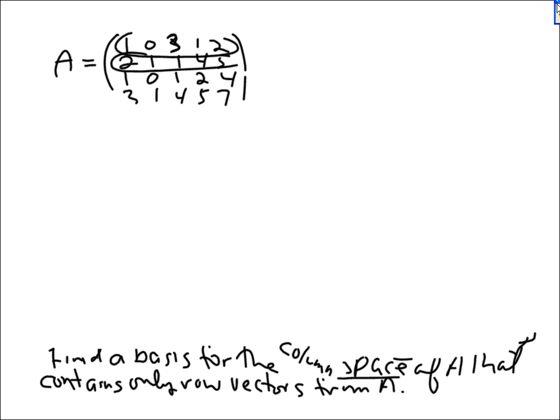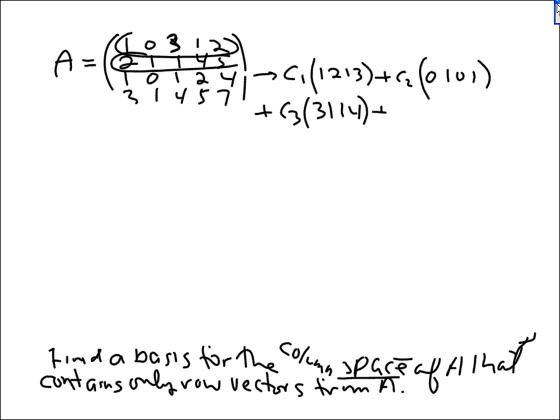Well, I want to remove the dependent columns. So basically what I want is C1 times the first column, [1, 2, 1, 3], plus C2 times the second column, plus C3 times the third column, plus C4 times the fourth column, plus C5 times the fifth column.